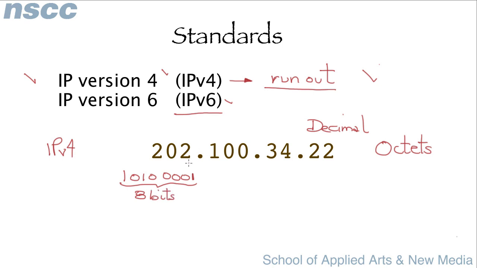And if we have 8 bits, that means that any of these numbers can be in the range from 0 to, and if you know your binary conversions, 8 ones is the number 255 in decimal. So any of these numbers could be from 0 to 255. Together, these 4 octets make up a network address.